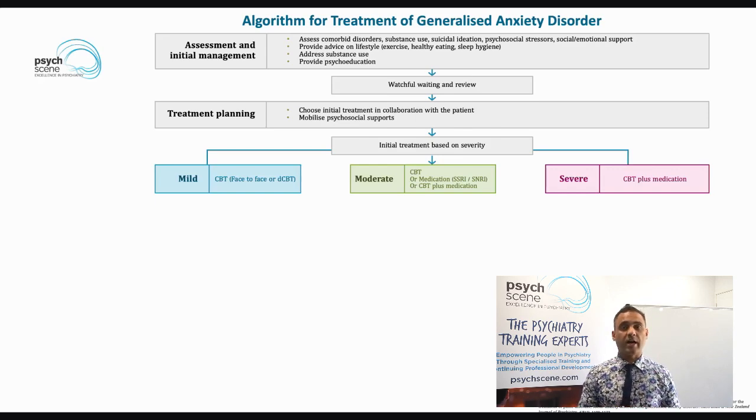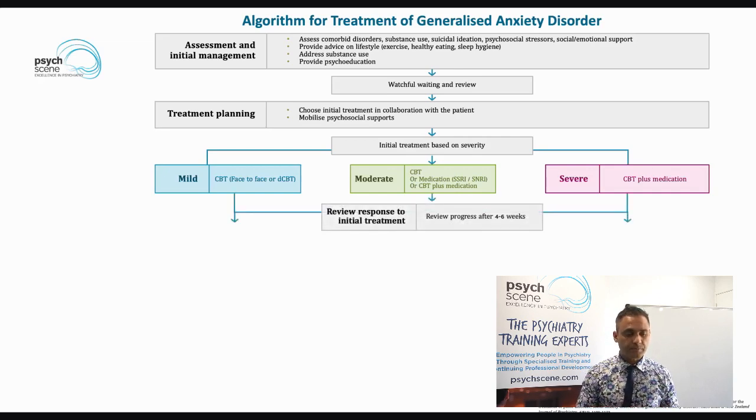And medication is either an SSRI, selective serotonin reuptake inhibitor, or an SNRI. Now, both of these medications we've covered on the videos, the mechanisms of action of these medications. Or you may consider CBT plus medication together. If it's severe, you're often looking more at the combination of CBT plus medication for effectiveness.